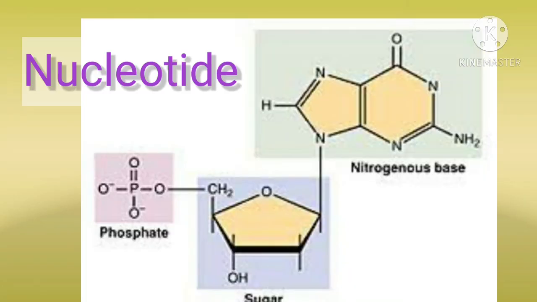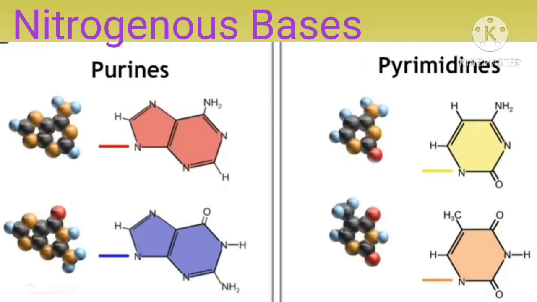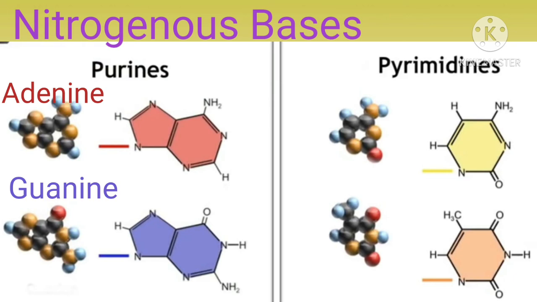Well, a nucleotide is actually made up of deoxyribose sugar attached to phosphoric acid on one side and nitrogenous base on the other side. The nitrogenous bases are of 2 types, purines and pyrimidines. Adenine and guanine are purines, whereas thymine and cytosine are pyrimidines.